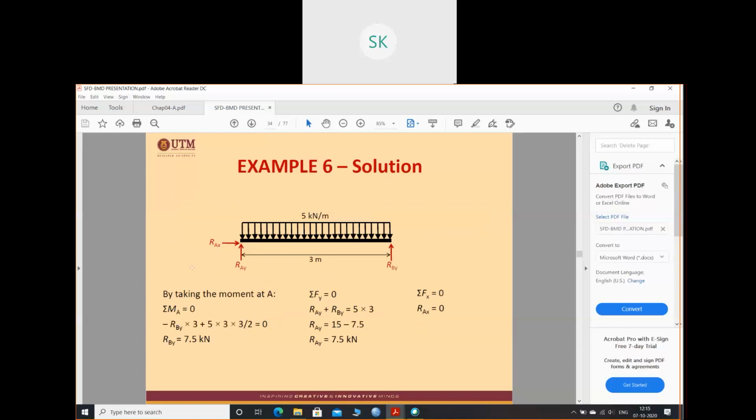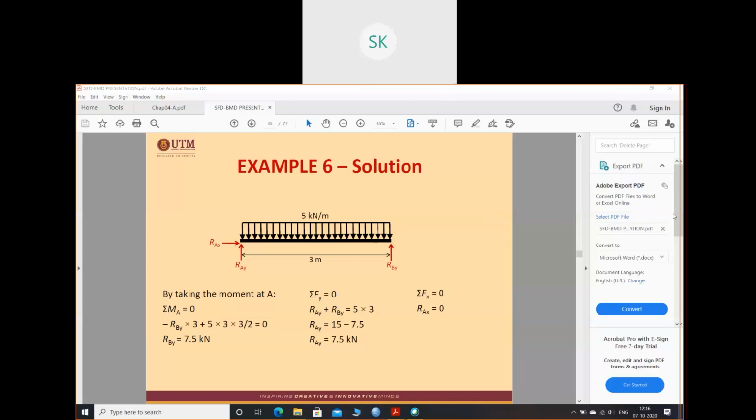So your support reaction will be like this. Roller support will be replaced by this one. Your pin support will be replaced by these two. Use the equilibrium equation and you will find these are the support reactions.